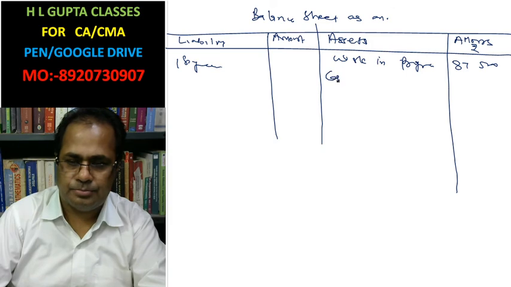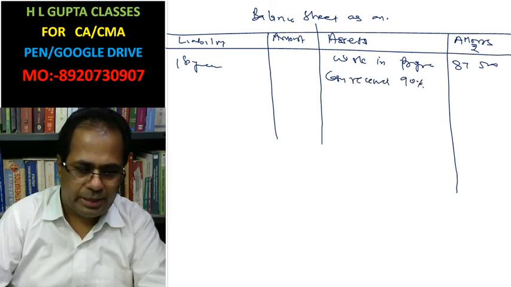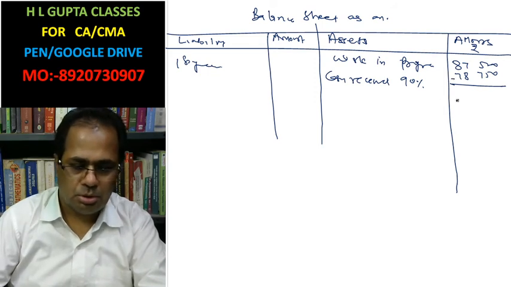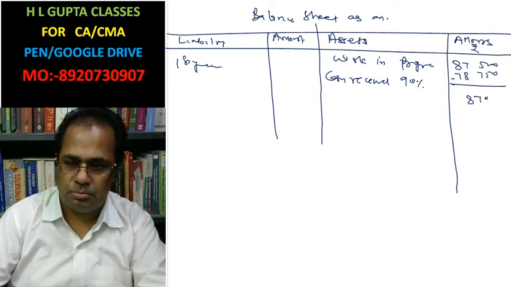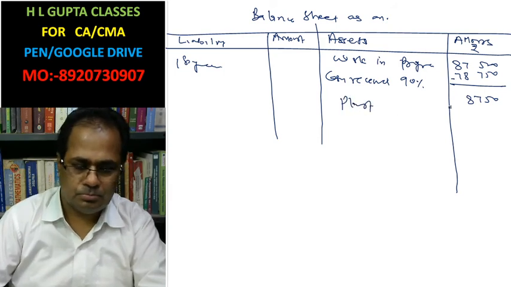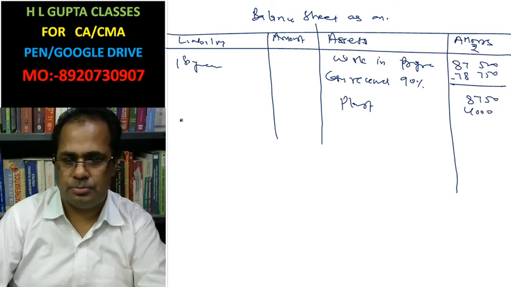Cash received 90%, 78,750, the balance 8,750. Plant 4,000.